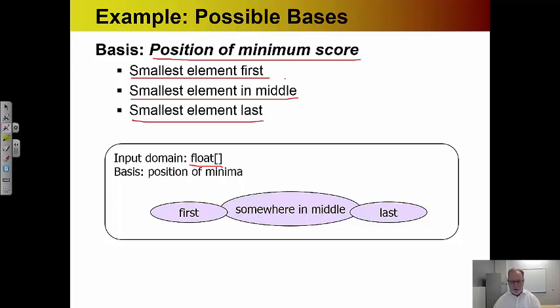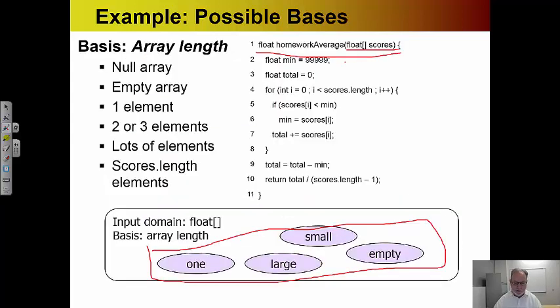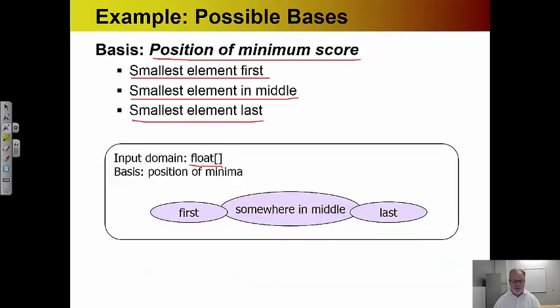I don't know how it computed. I don't know if it works from the array from back to front, from the middle out, or from the first element to the last element. I don't know the code to be able to write that test. I can look solely at the input domain and know from the specification that I'm looking for the minimum, so a basis for this is where that minimum score actually resides inside of the array.